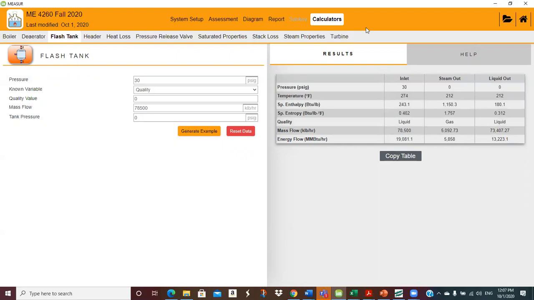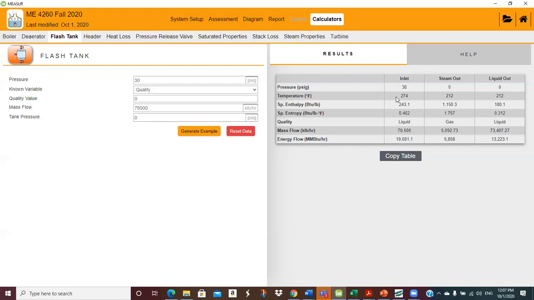But the other thing you can notice here is that the saturation temperature that's assumed in this calculation is 274. So I'm not really saturated. I'm subcooled by, what is that, 34 degrees?